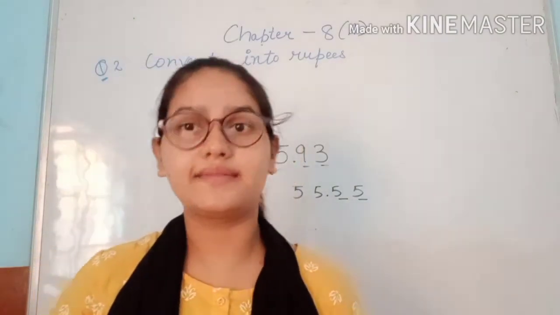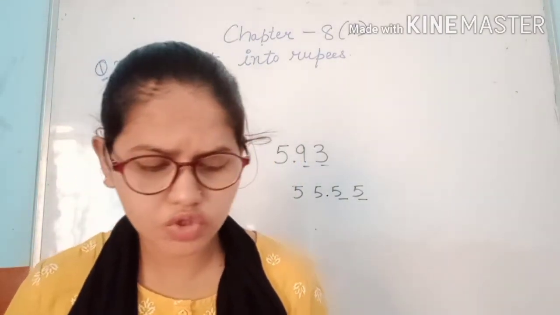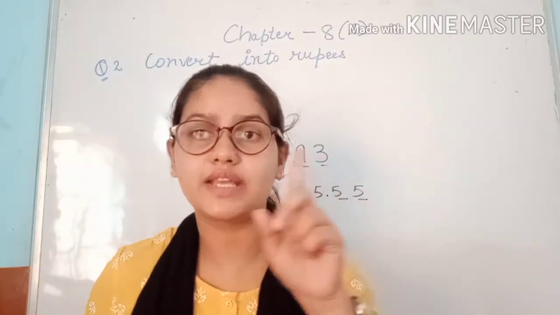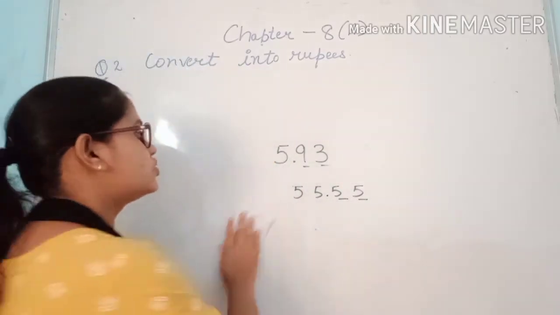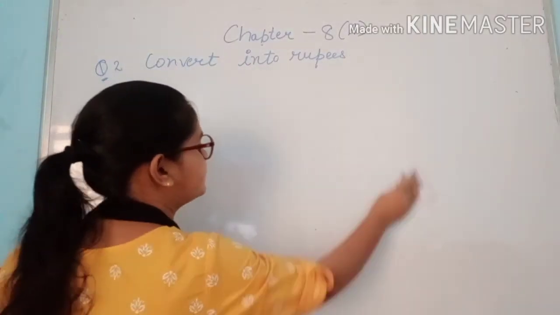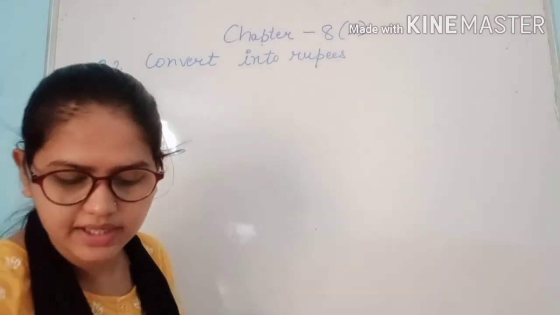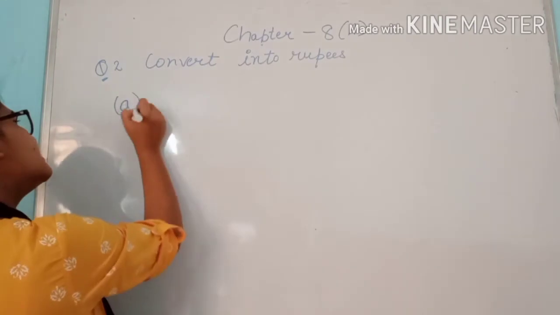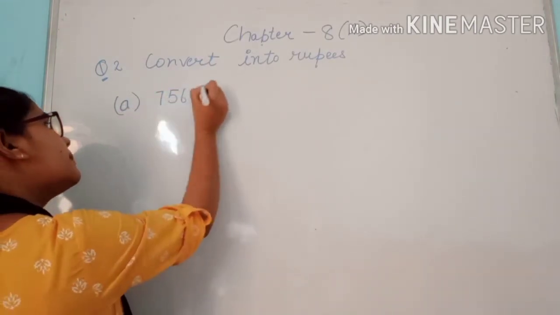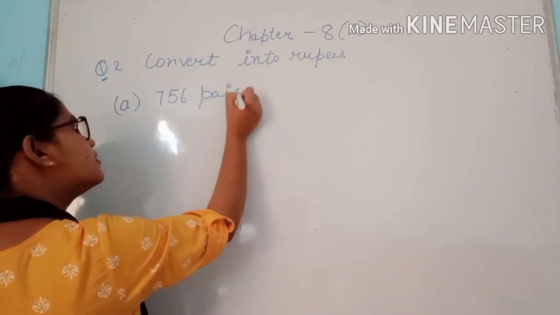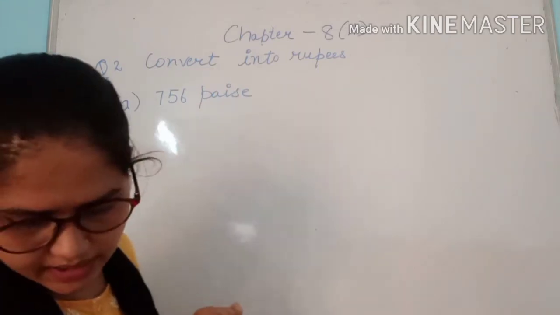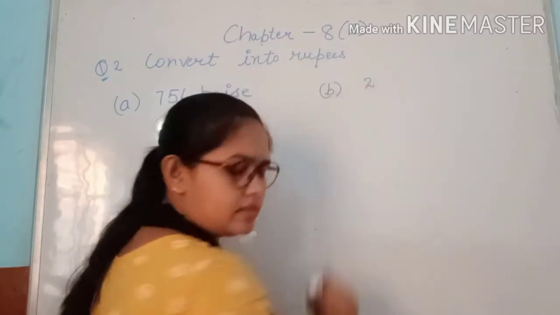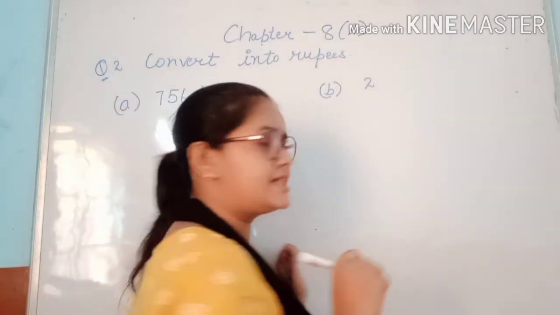So let's do our exercise here. Students, you can see the next is 756, which one is A, right? So let's do this. The first one is 756 paise, and then B is 2569, right?